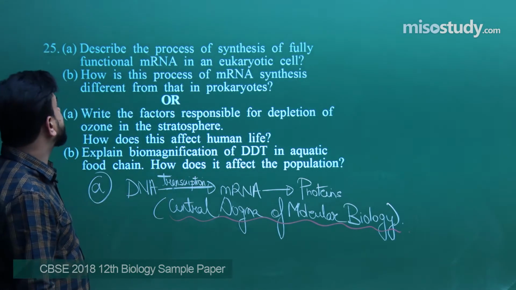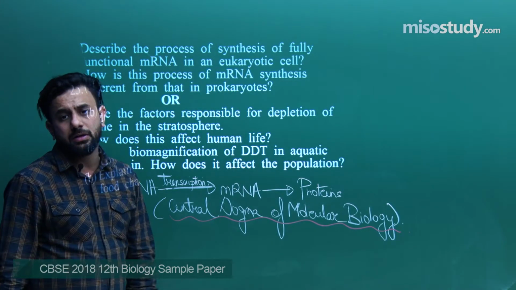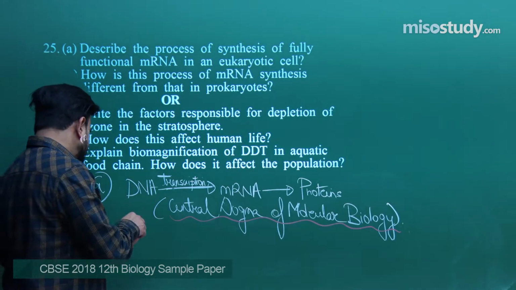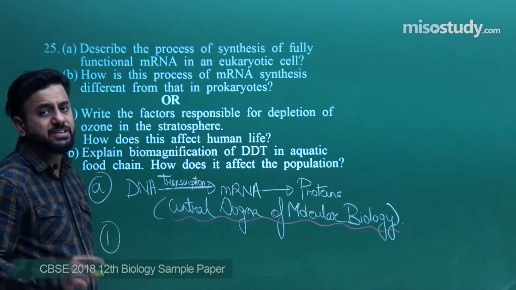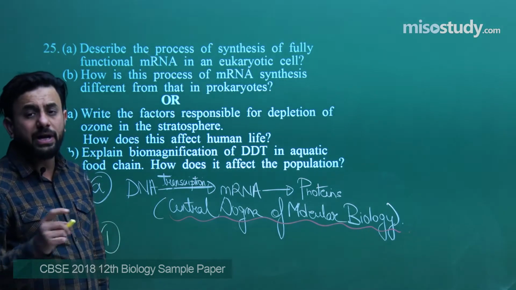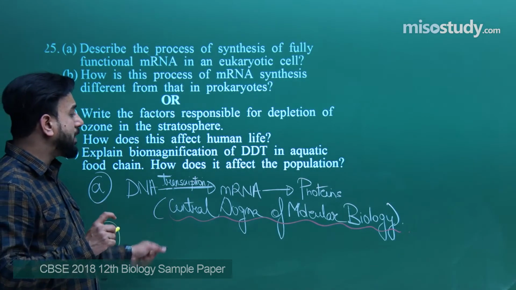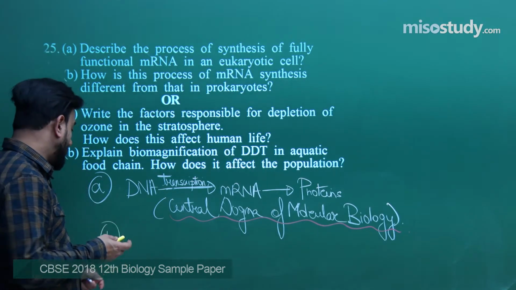Describe the process of synthesis of fully functional mRNA in a eukaryotic cell. Now let us see the steps. I think we have already discussed in one of the questions the transcription unit. Let us quickly describe. I'll just write in steps, which you can later write in sentence form.